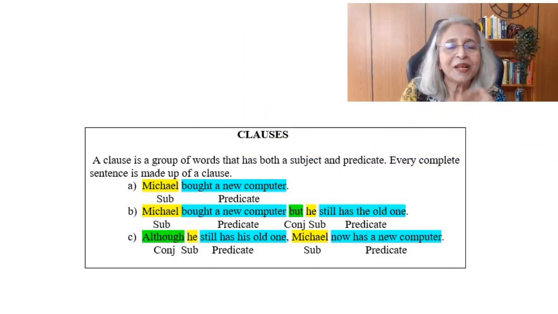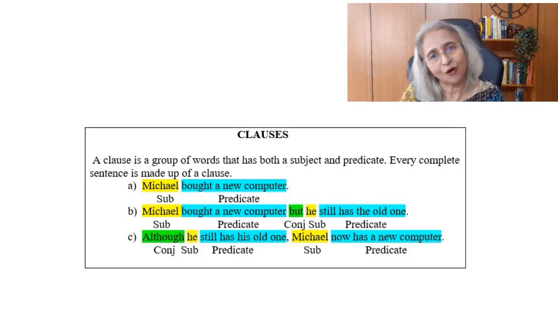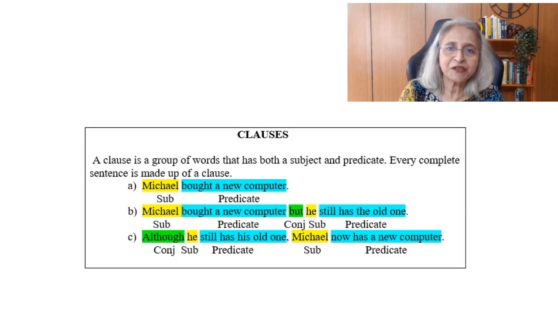Basically clauses, as you know, are a group of words which contain a subject and a predicate. You cannot have a sentence without a subject or a predicate, right? So a clause naturally has a subject and a predicate.